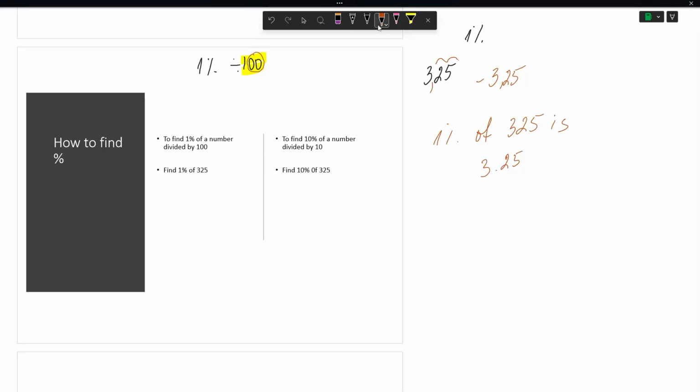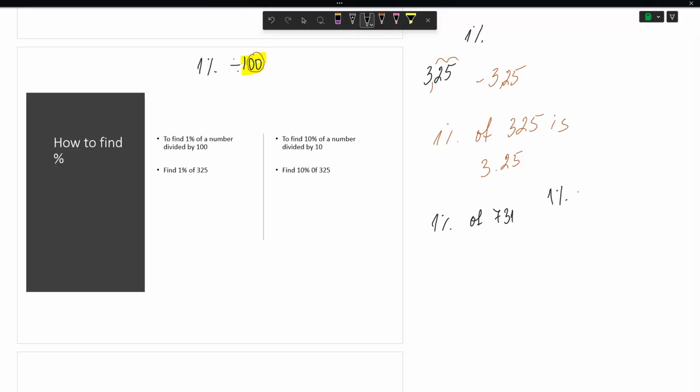Let's have a look at another example. Let's say 1% of 731. As I told you, to find 1%, you divide by 100 and you have 2 zeros.